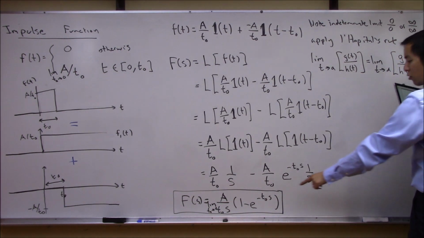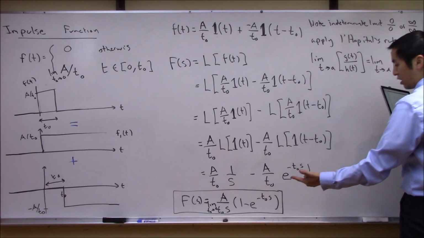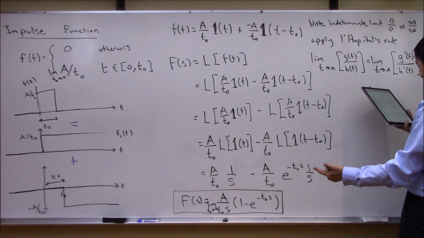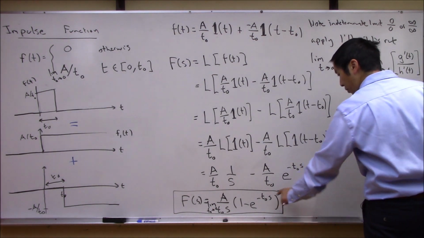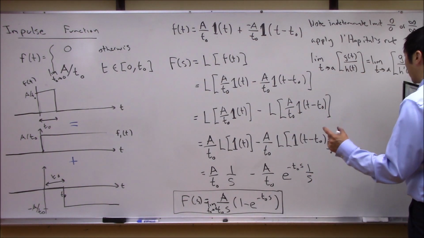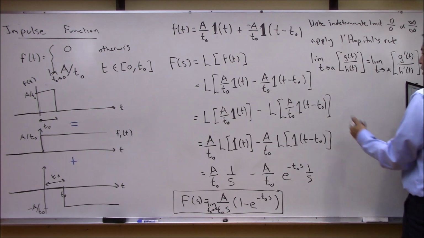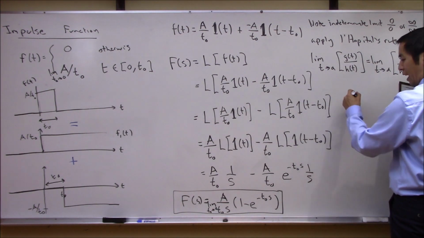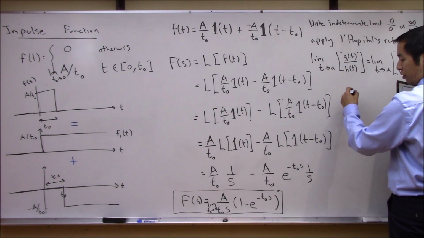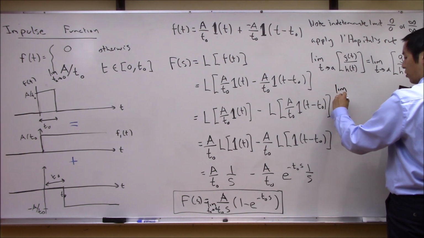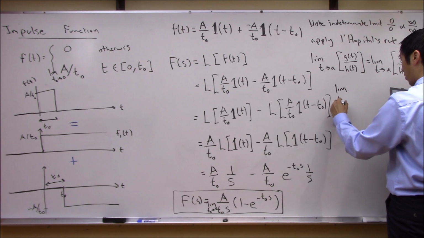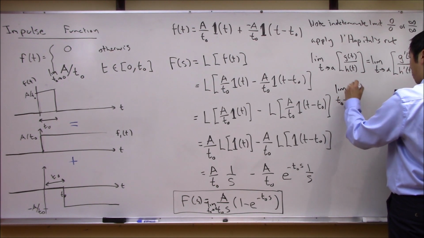So applying this to our system here, we need to take the derivative with respect to t0, because that's the thing that's going to 0. So we take the limit as t0 goes to 0.